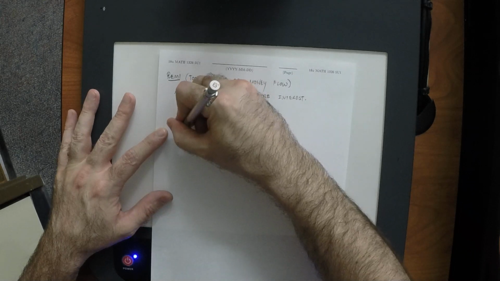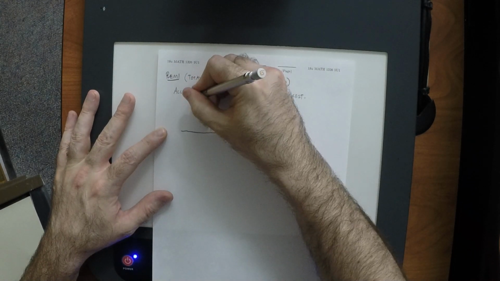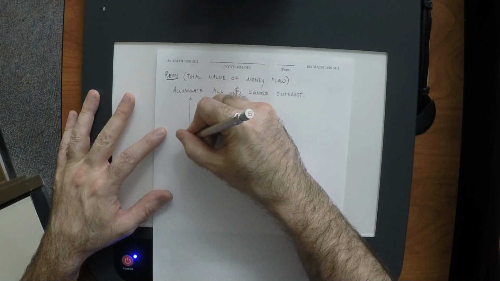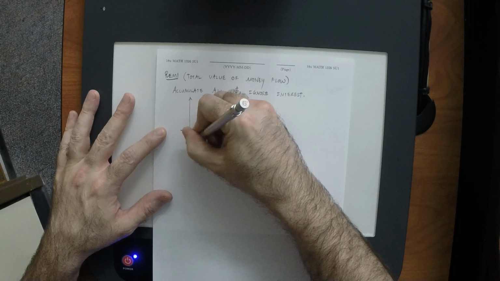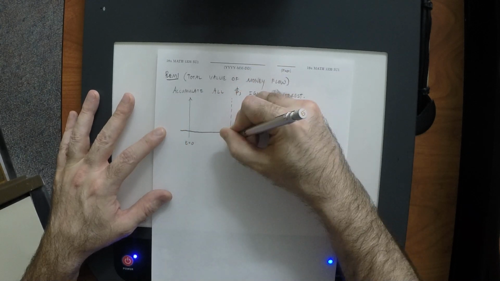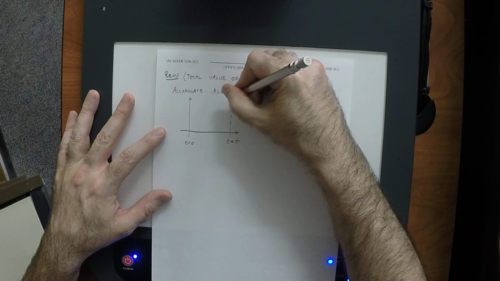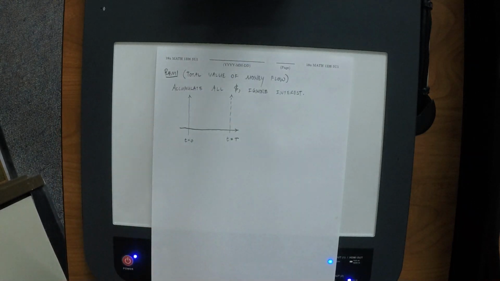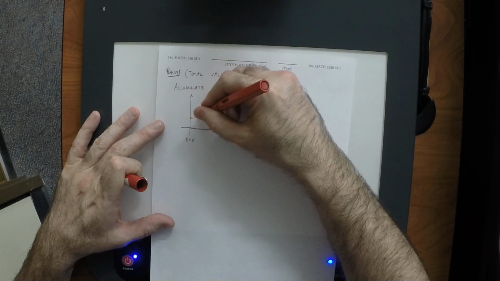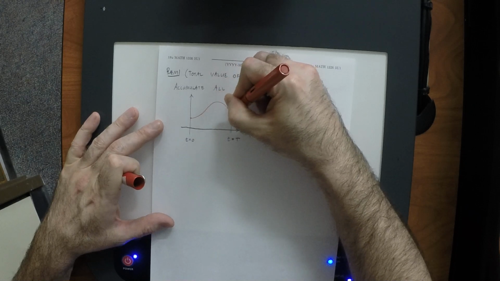So if we have a function like this, where little t equals 0, little t equals big T, and this is f of t, the money flow.